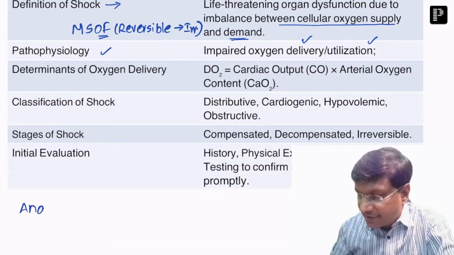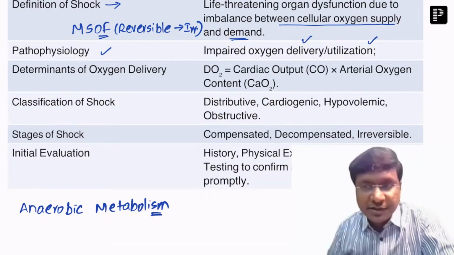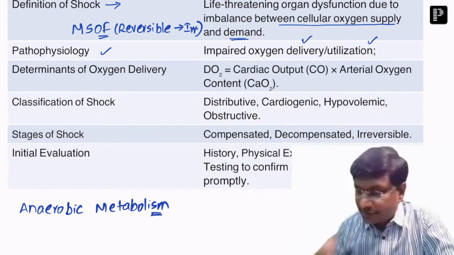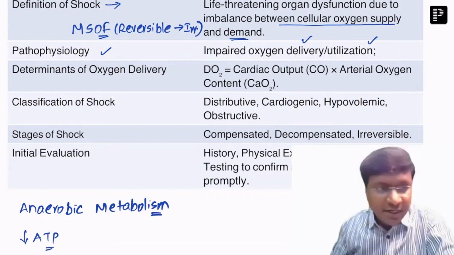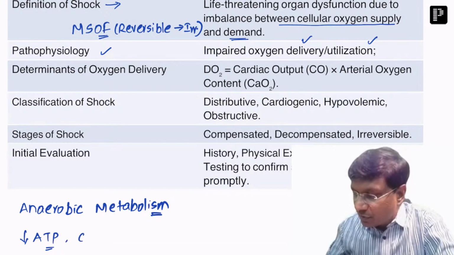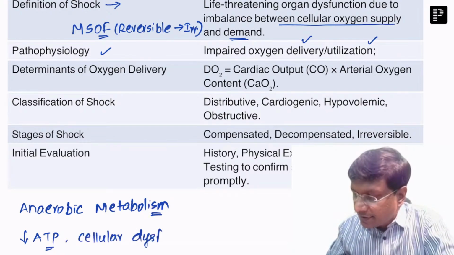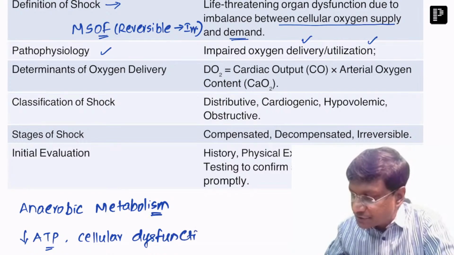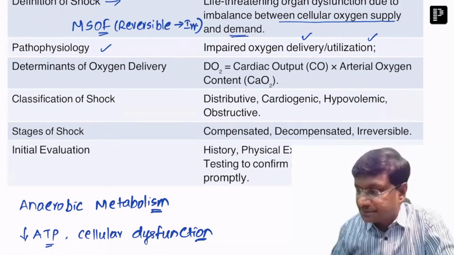Because of anaerobic metabolism, there will be excessive accumulation of lactic acid. That is another important problem. The next is decreased ATP synthesis, because there is decreased oxygen supply to the tissues. And there will also be cellular dysfunction. So this is the pathophysiology of shock.